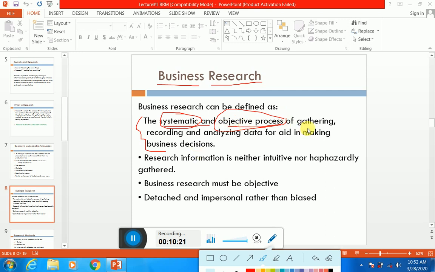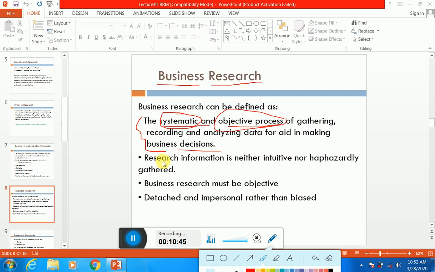Regarding those aims, we collect the data, we record the data, we study the data. Once we have completed all these three steps, we are able to take a clear business decision, a research decision. So simply stated, business research is research of a systematic and objective process.